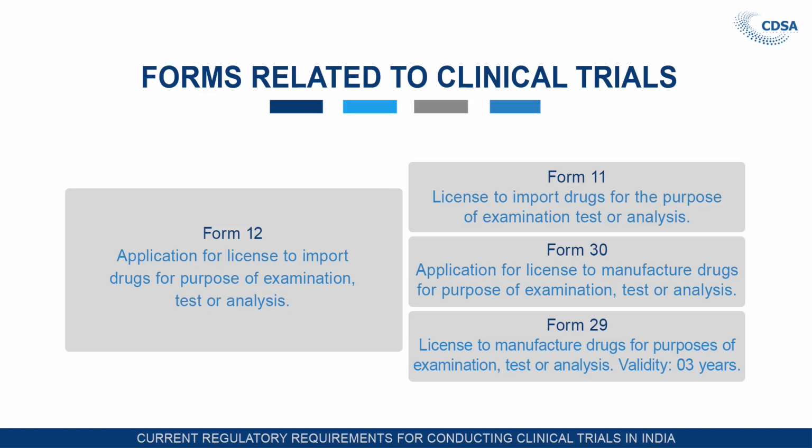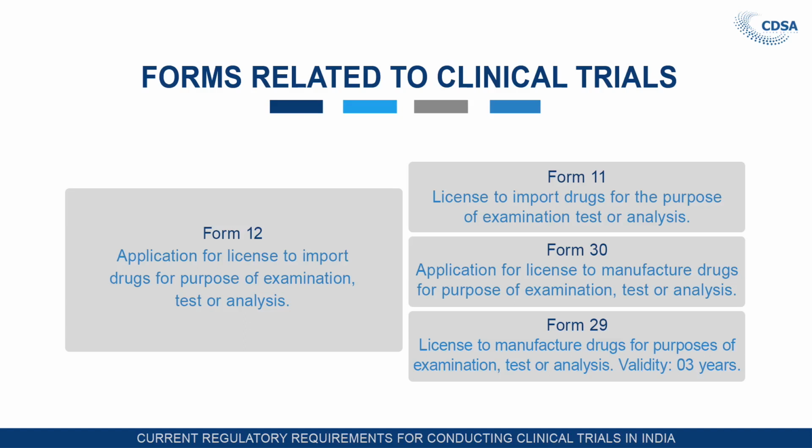Form 30 is the application for license to manufacture drug for the purpose of examination, test or analysis. So, form 12 and form 11 are related to imports, and form 30 is the application for manufacturing. If somebody would like to manufacture this test drug to be used in the clinical trial study or preclinical study, then he has to apply in this form.